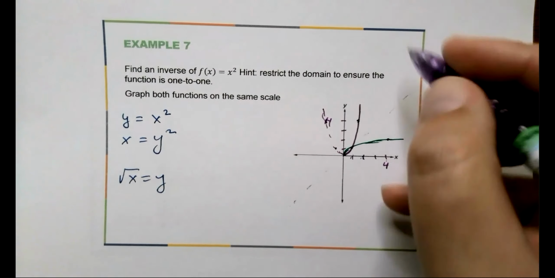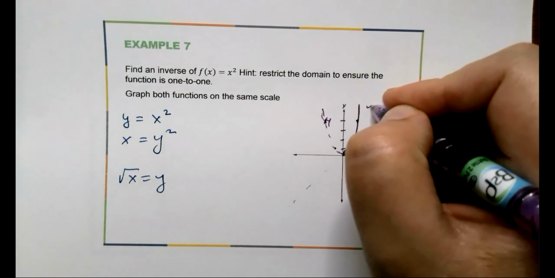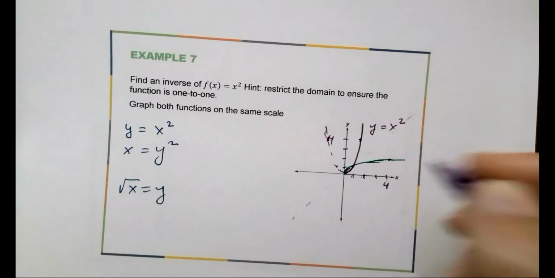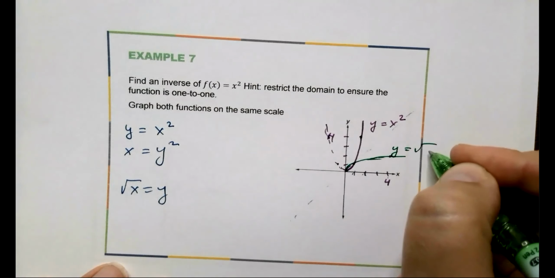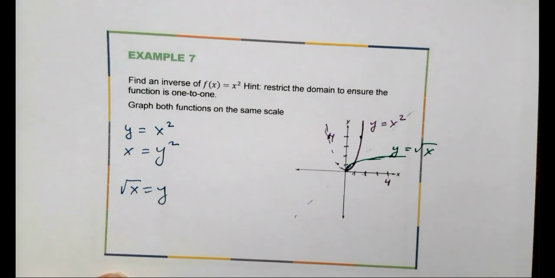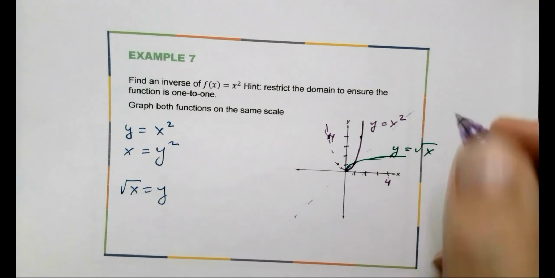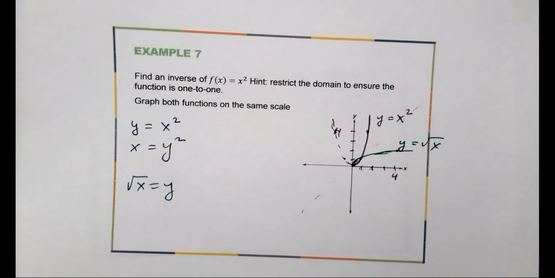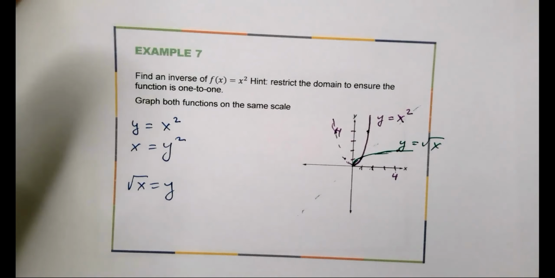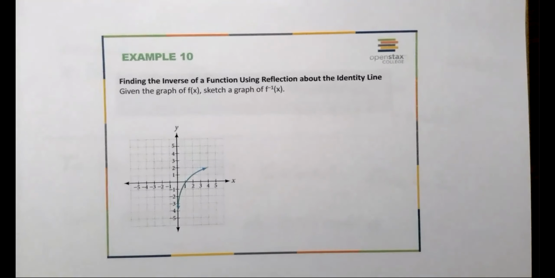So this is the right branch of y equals x squared, and this is y equals square root of x. All right, so that's how I will graph both the function and its inverse.